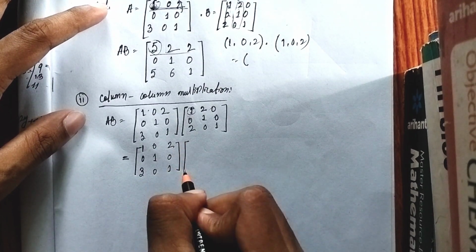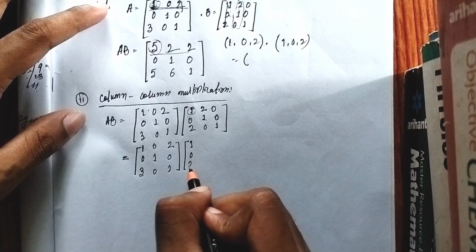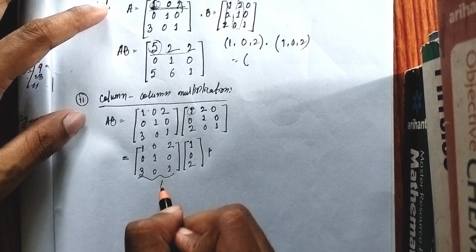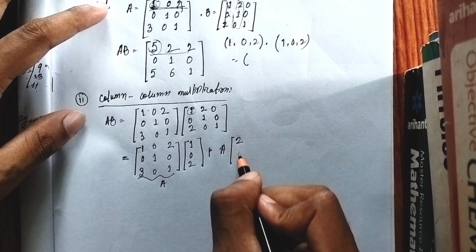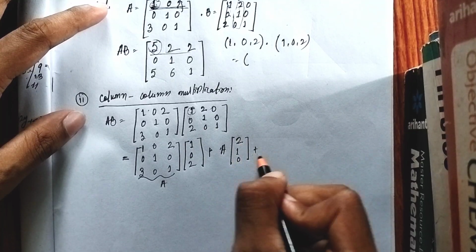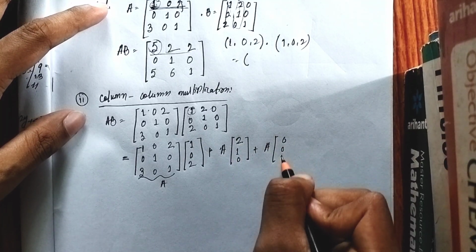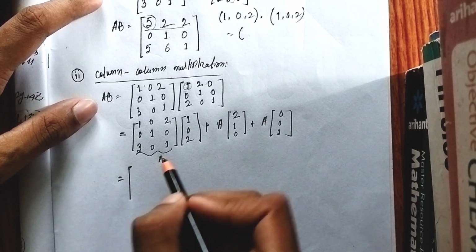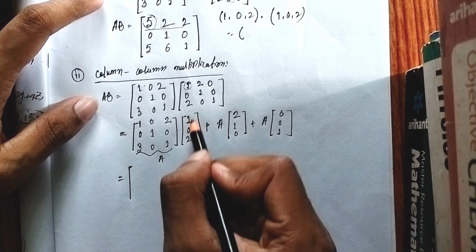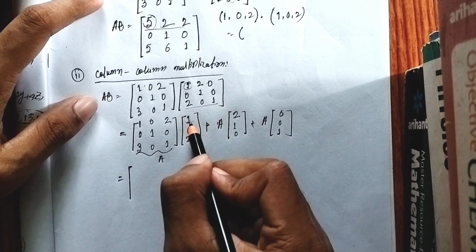We multiply this one with 1 0 2. This is actually the A matrix. Again with the A matrix we multiply the second column 2 1 0. With the A matrix again we multiply the third column 0 0 1. And what will the result be? This one is the first column of B.